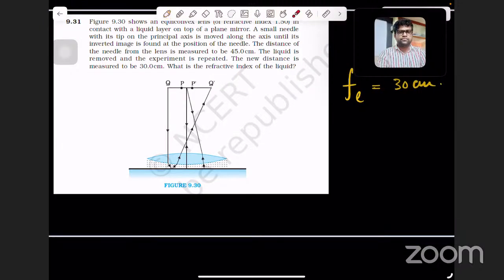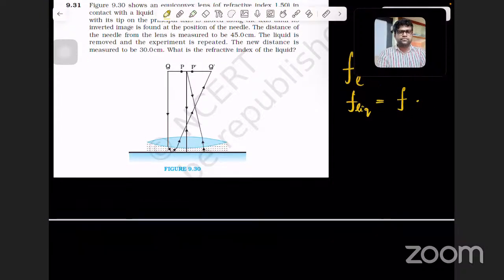And this liquid acts as the mirror. Let's say the focal length of the liquid is some f. Because this liquid acts as a plano-concave lens over here.